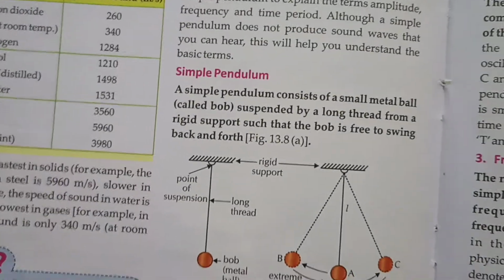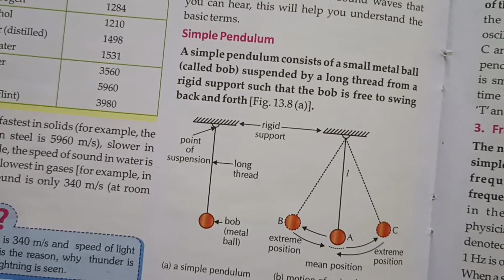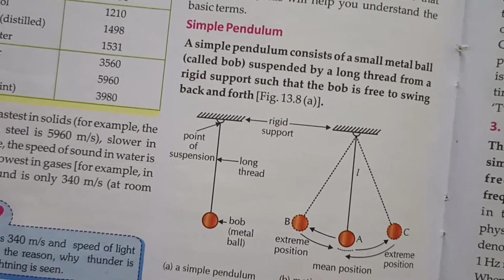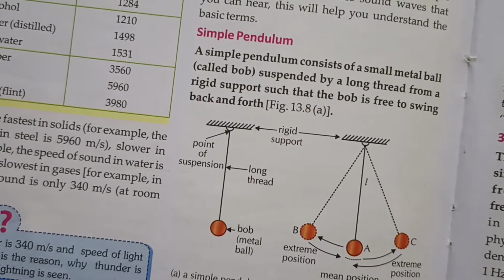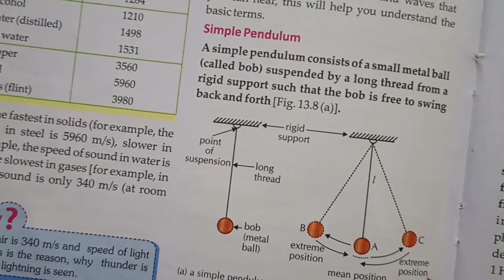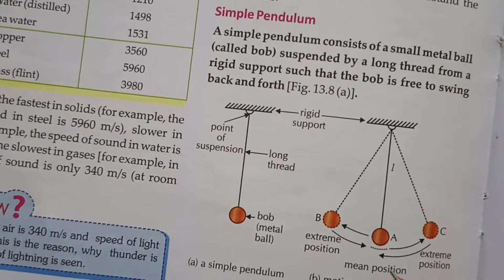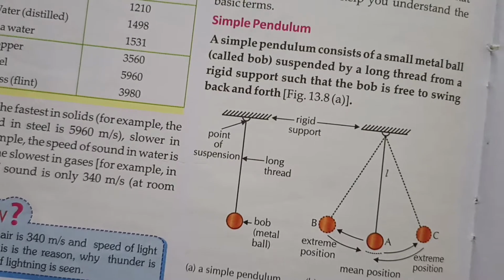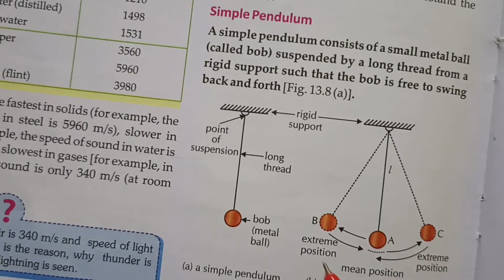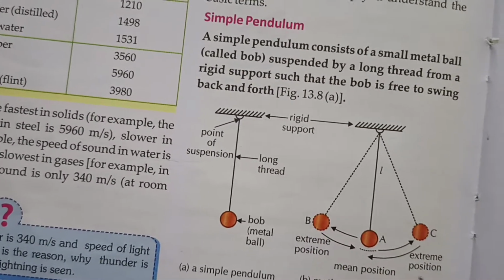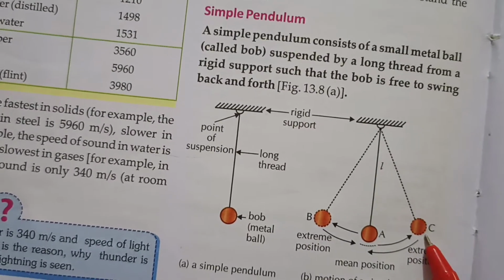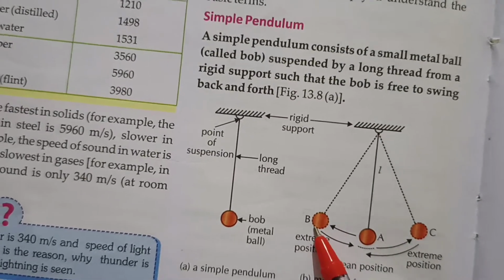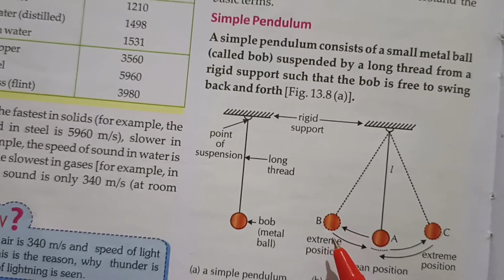The motion of the bob of a pendulum from one extreme position to another extreme position and back is called one oscillation of the pendulum. For example, in this figure, the motion of the pendulum bob from one extreme position, that is B, to the other extreme position C, and back to B is called one oscillation.